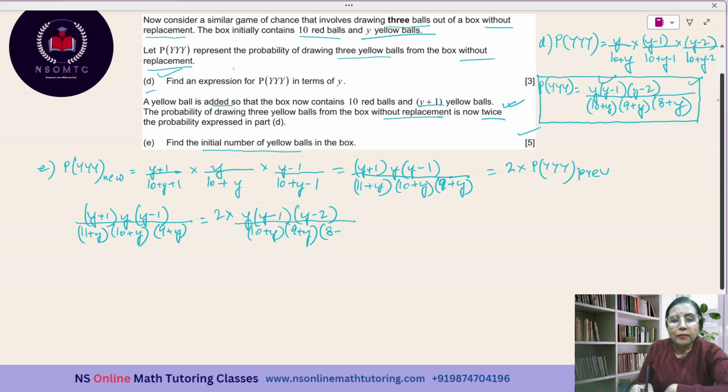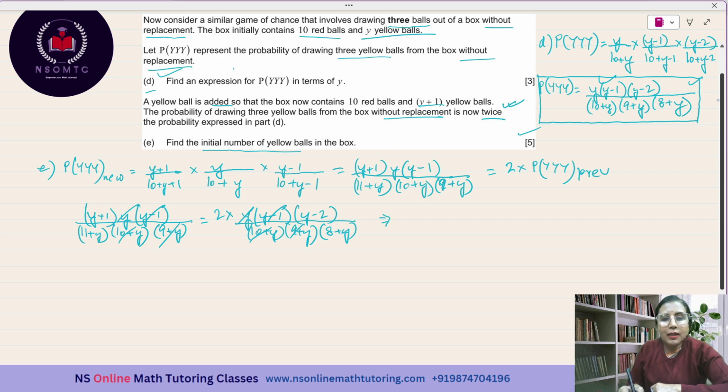Okay, I am having 10 plus y and 9 plus y common, so I am multiplying both sides by 10 plus y times 9 plus y, so these get cancelled. Also I'm dividing both sides by y times y minus 1, so these are also cancelled.